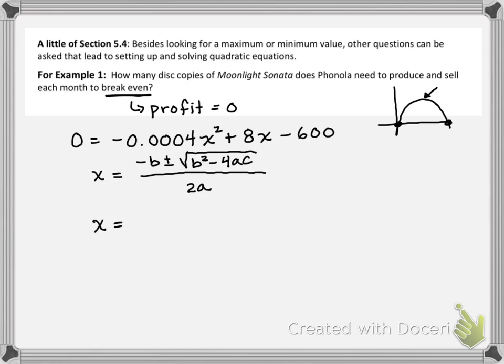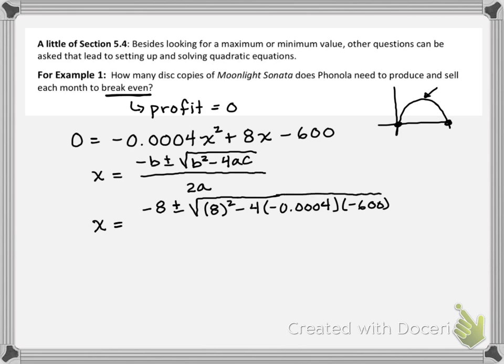So x equals negative 8 plus or minus the square root of 8 squared minus 4 times negative 0.0004 times negative 600, all over 2 times negative 0.0004. Don't be a hero. Just plug it all into your calculator all at once.